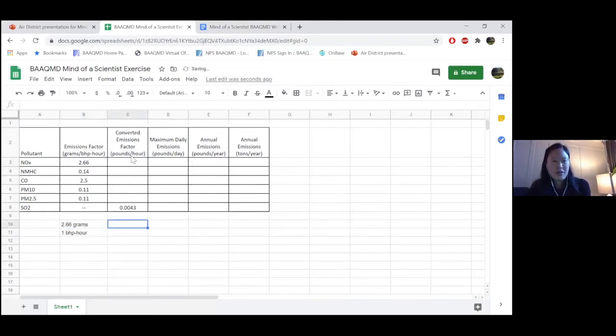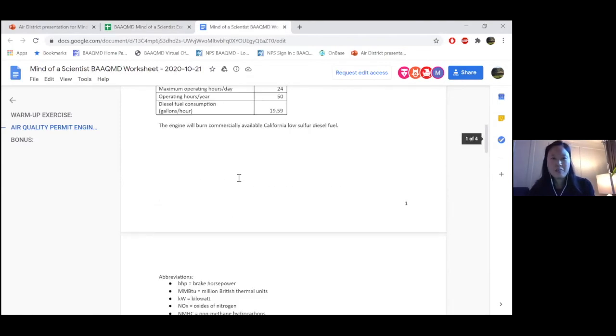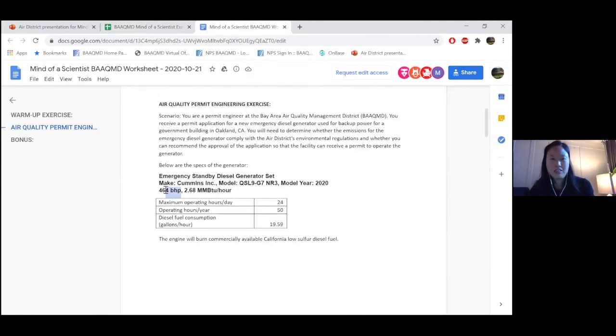And so I want to change this to pounds per hour. So I want to cancel out the BHP at the bottom because this doesn't have BHP. So to determine the BHP, if you remember, it's listed here.